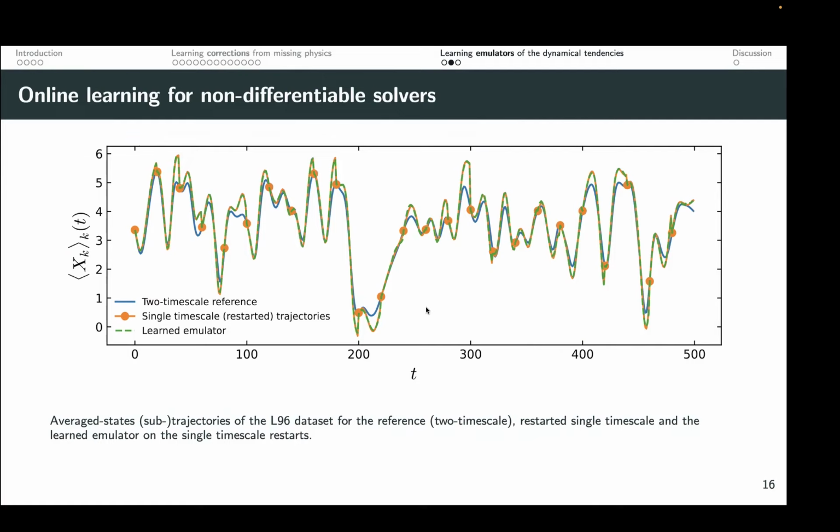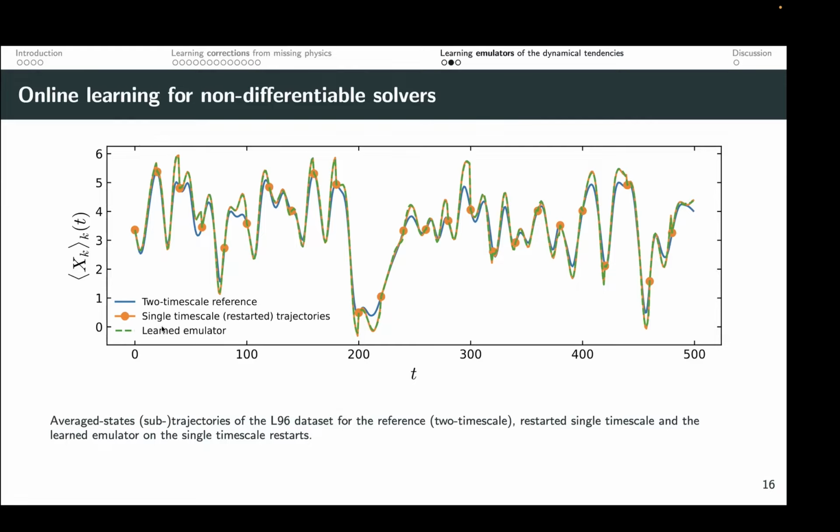And we can see, for example, here that it slightly drifts over time. What we do is that we restart it. We put it back on the reference every 30 time steps. And we train an emulator that is able to reproduce the dynamics of this system, the system that's not corrected by the subgrid term.